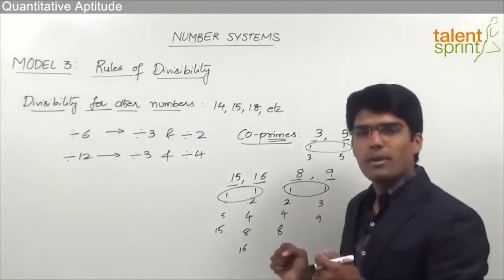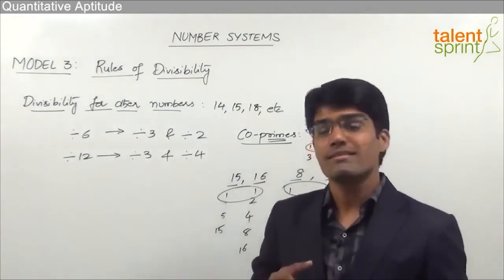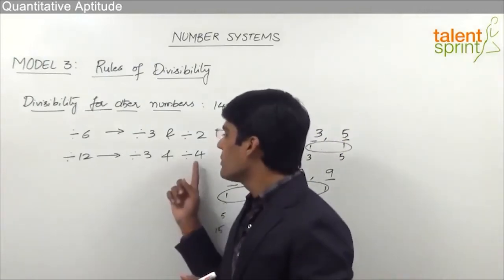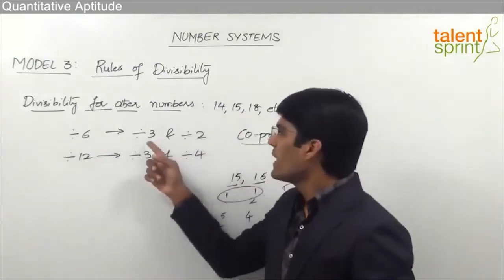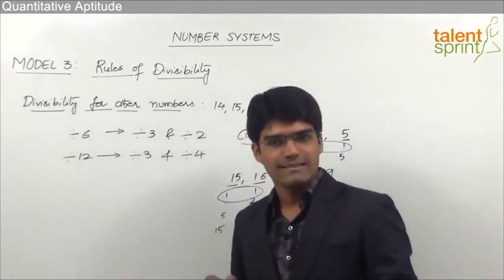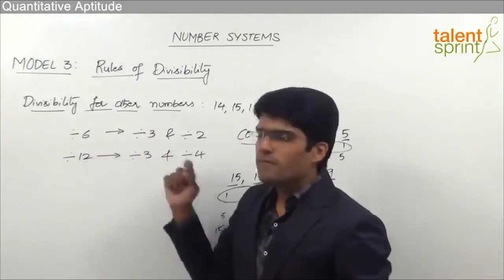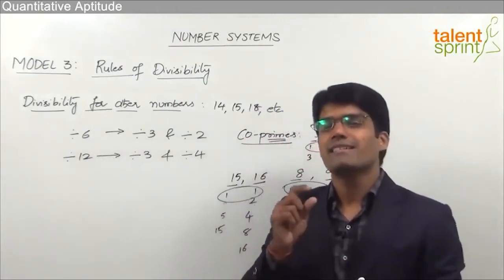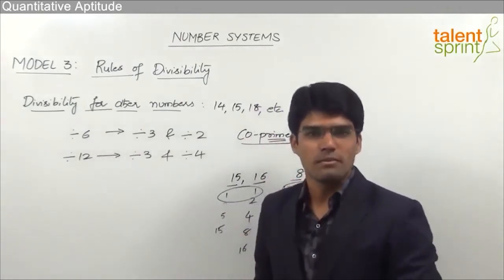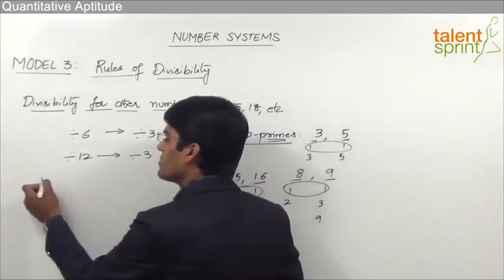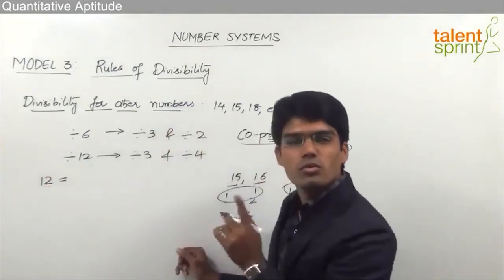After learning about coprimes, it will now be easy for us to understand why we take 3 and 4 as the divisibility rule for 12 and why we take 3 and 2 for 6. For example, let us consider 12 here. Now, to check the divisibility for 12, first of all, we need to factorize the number 12 as a product of two numbers. That means we should be able to write 12 as a product of two of its factors.